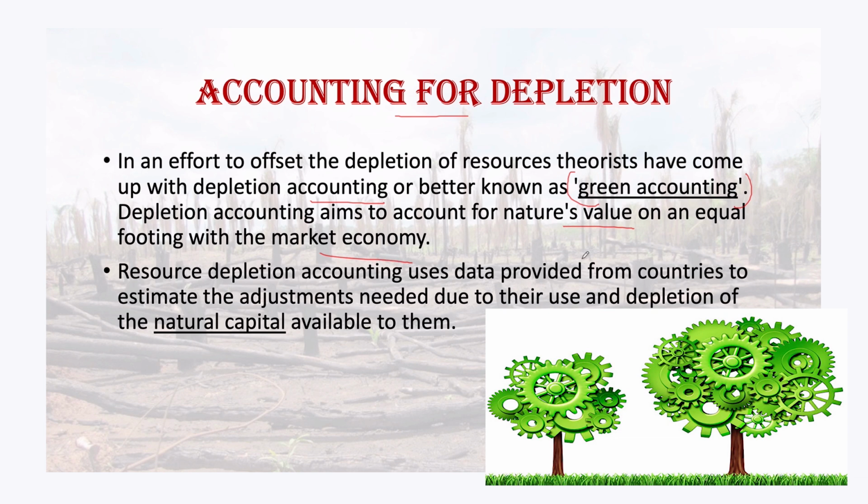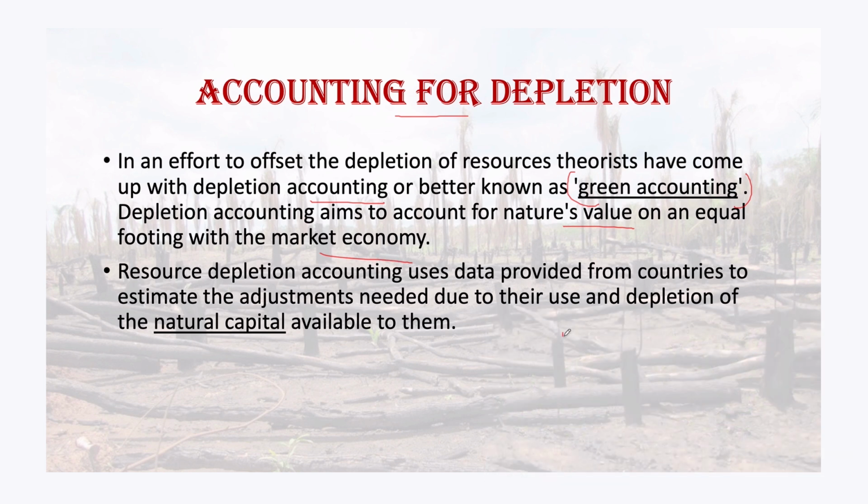For example, drinking water we get free from nature. But if fresh water resources deplete, we have to desalinate the water and drink. So what will be the cost of that desalination? This is how we account for nature's value on an equal footing with the market economy.